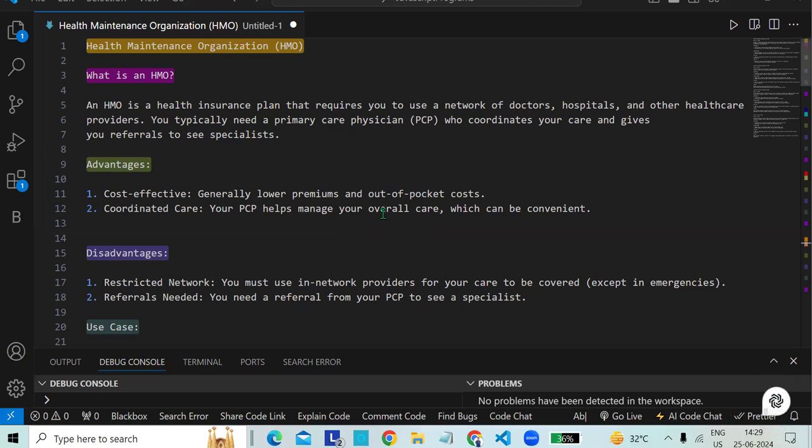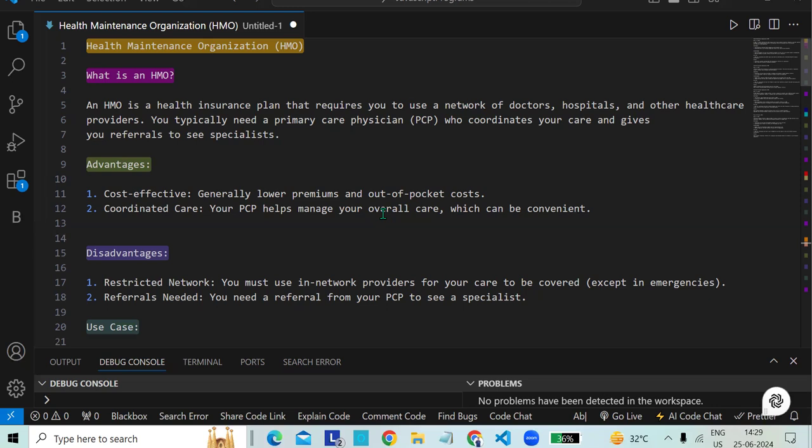So the first one is health maintenance organization. So what is an HMO? HMO is health maintenance organization. An HMO is a health insurance plan that requires you to use a network of doctors, hospitals, and other healthcare providers.